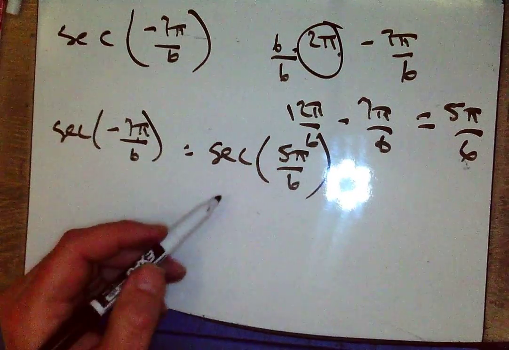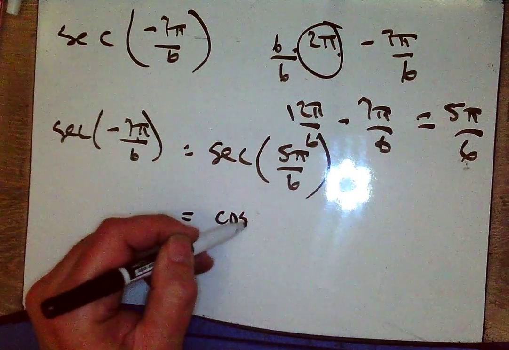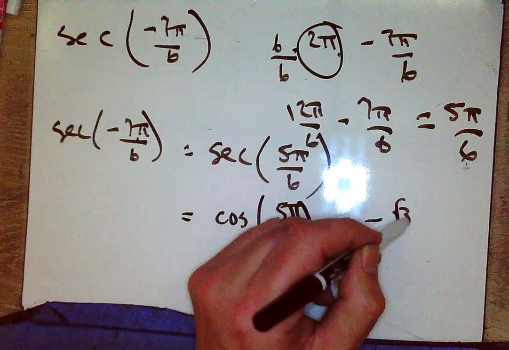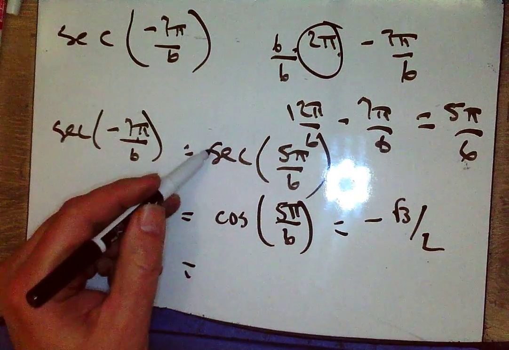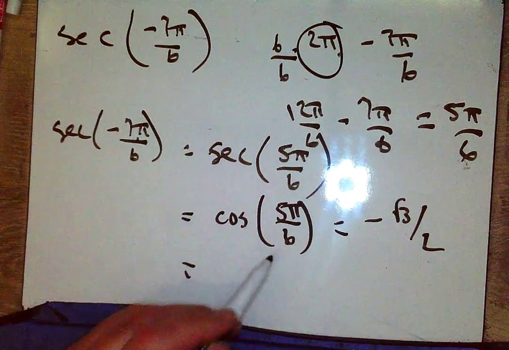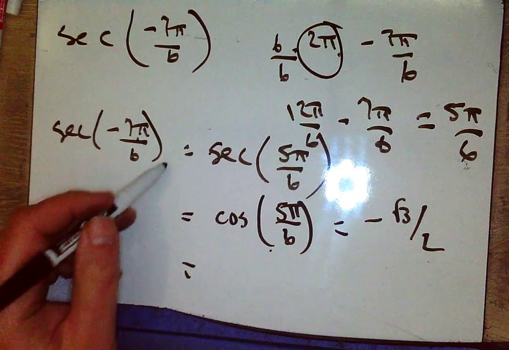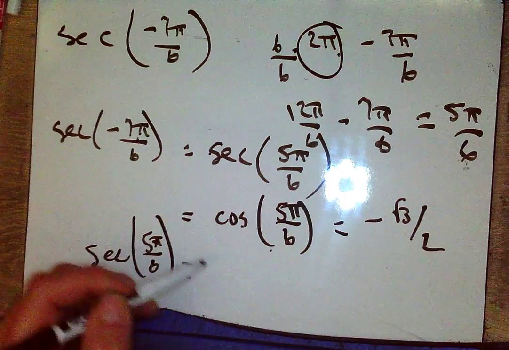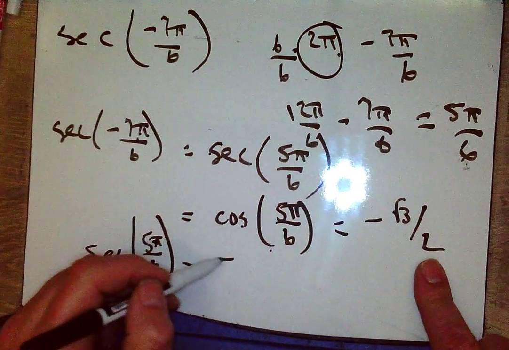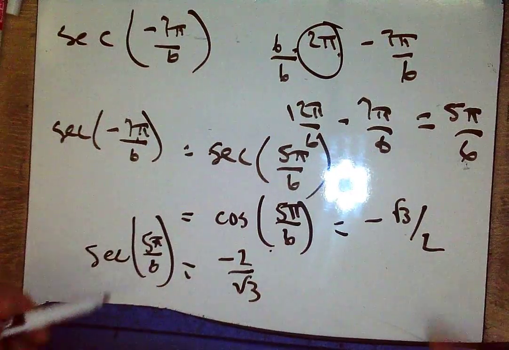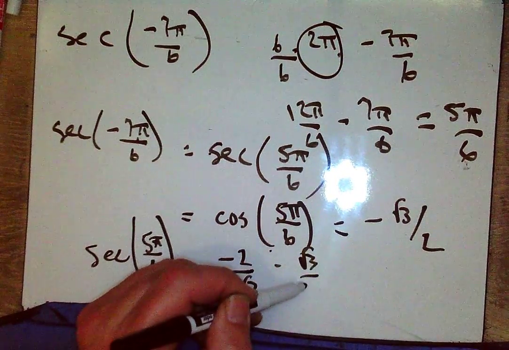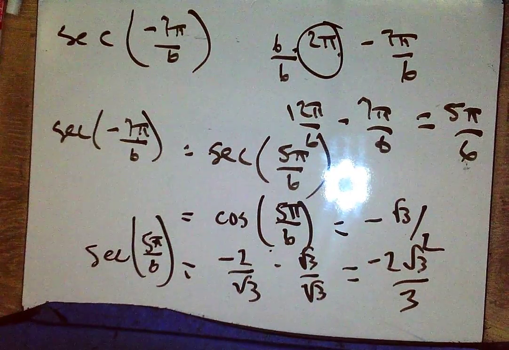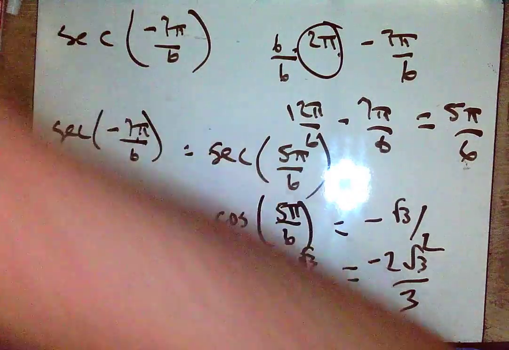Well, I still don't know what the secant of 5 pi over 6 is, but I know that the cosine of 5 pi over 6 is negative root 3 over 2. And I know that secant is the reciprocal of this. So, secant of 5 pi over 6 is going to be negative 2 over root 3. And when I rationalize, we get negative 2 root 3 over 3. Okay?